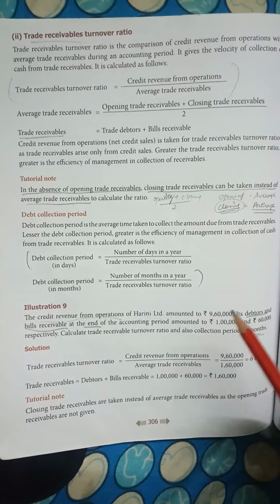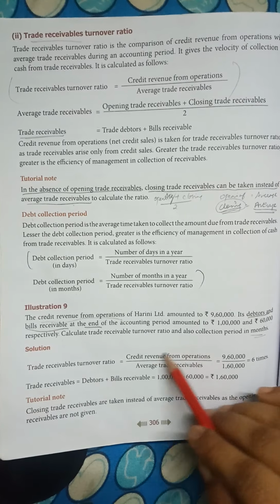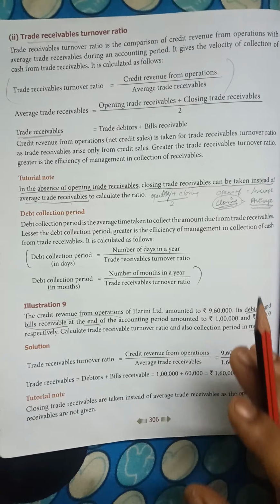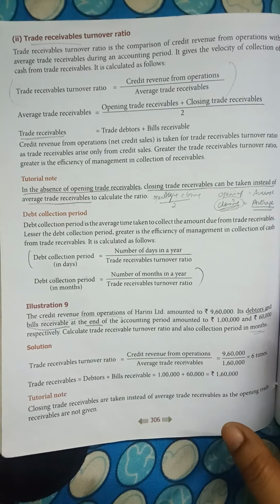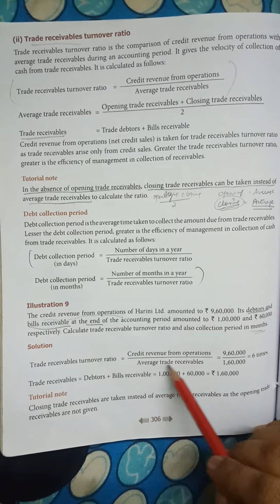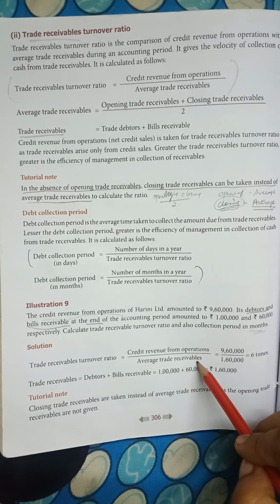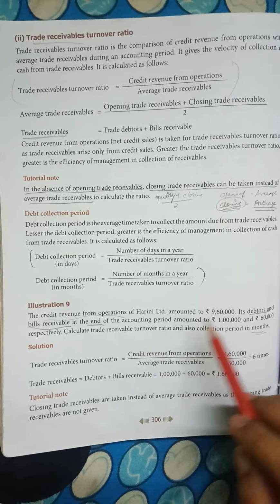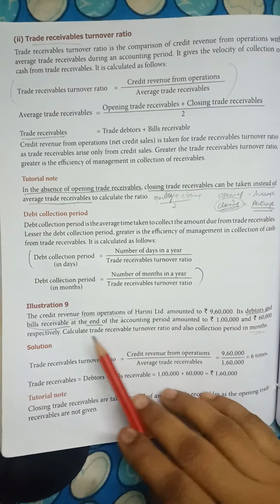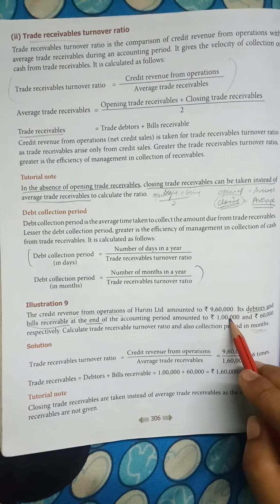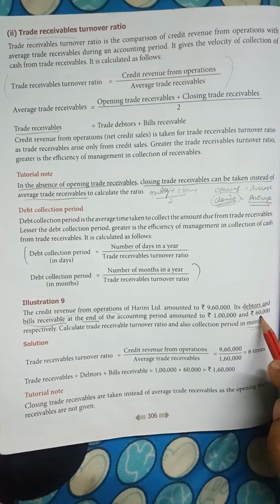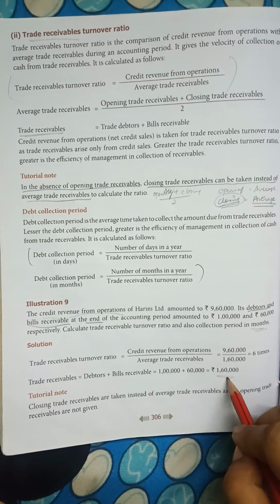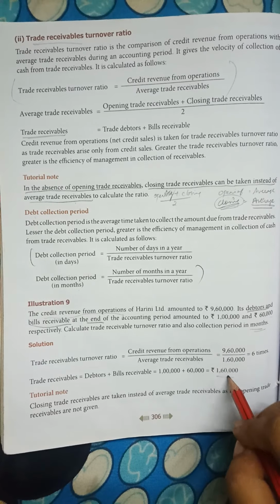Then you need to calculate average trade receivables. Since you do not have opening balances of debtors and bills receivable, you need not find average trade receivable. Instead write trade receivable is equal to debtors plus bills receivable, that is 1 lakh plus 60,000. You'll get 1,60,000. So this is your average trade receivables.